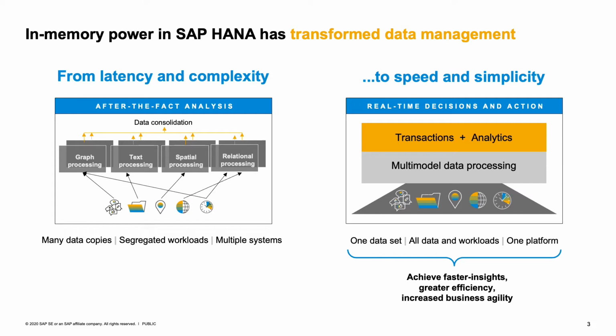So what are some of the ways HANA in general has helped provide a solution to break down some of these silos? So first off, we provided a way to support transactional and analytical workloads on a single platform. So enabling everything from embedded operational analytics directly on your transactional system. So this is really possible because of HANA's in-memory capabilities and the ability to perform complex analytical operations in real time.